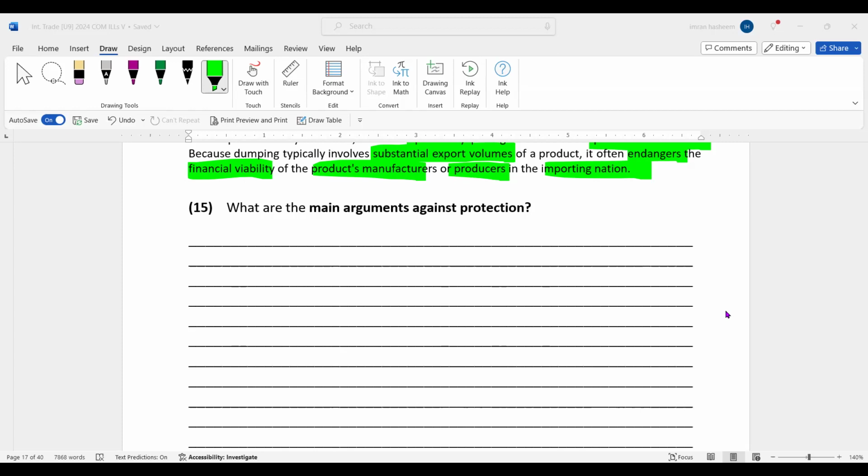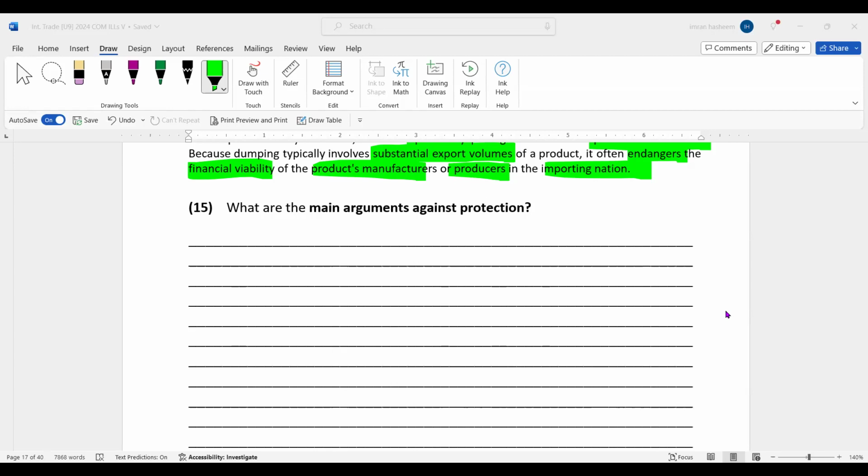Within brackets, we are writing, reducing domestic consumers' purchasing power and range of choice. Range of choice, R-A-N-G-E. Reducing domestic consumers' purchasing power and range of choice. Close the brackets.